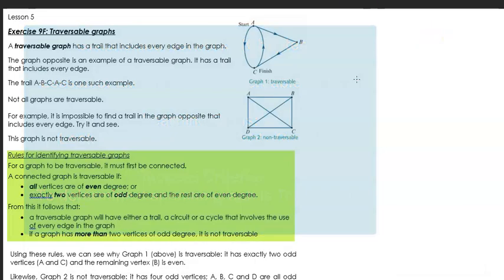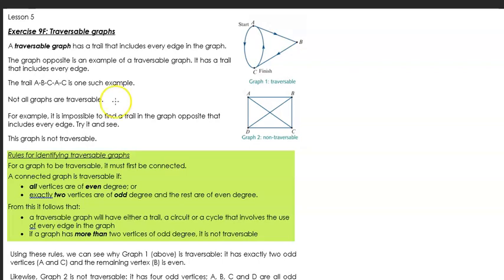Now, what is a traversable graph? Well, it has a trail that includes every edge in the graph. Remember, a trail is going from one spot to another.